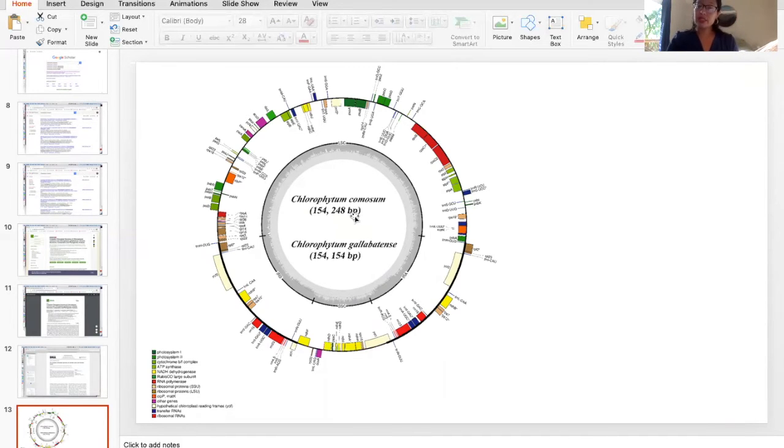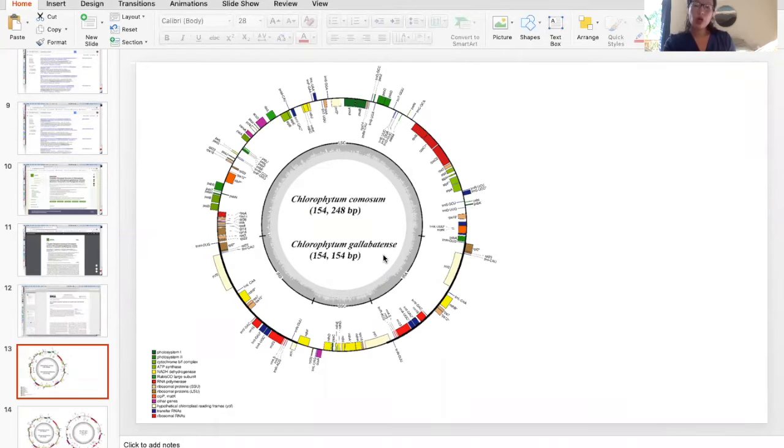So the chloroplast genome is 154,248 letters. Let's remember that the chloroplast has a genome of its own, that it's circular, that's why this is a circle, and it's much smaller than the nuclear genome.